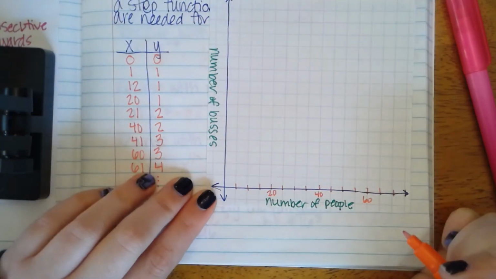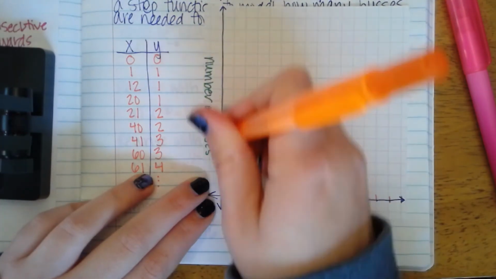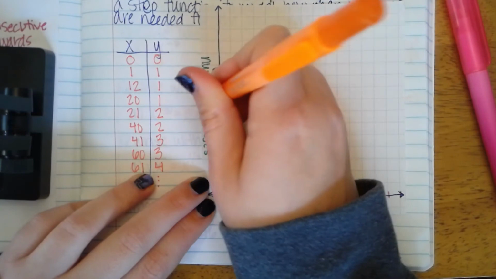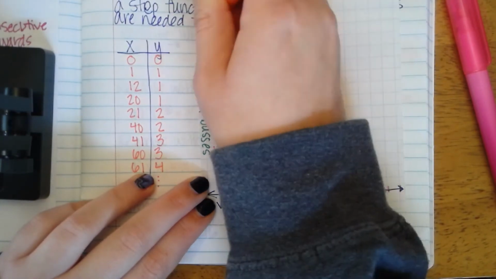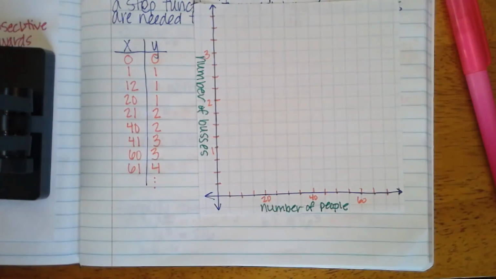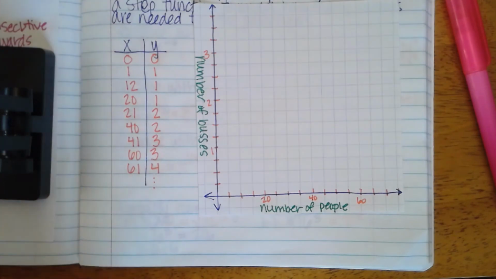Okay, and then up the side, we're going to count by 1s, but again, we're going to spread it out a little bit so that we're not so squished. All right, so now we have our graph to make.